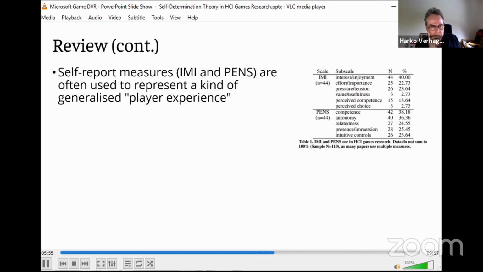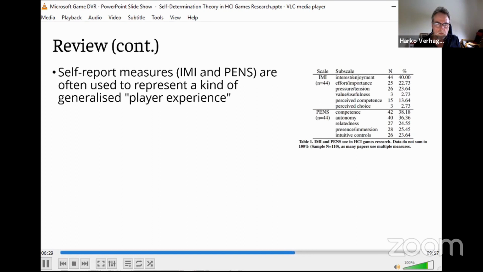Player experience is something that can be assessed by just picking a bunch of subscales, basically, in a lot of cases. And I think it would be important to question what we consider player experience, and maybe do some more specific terminology generation in that area.